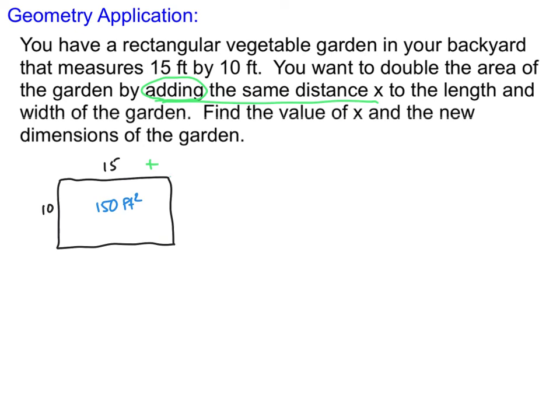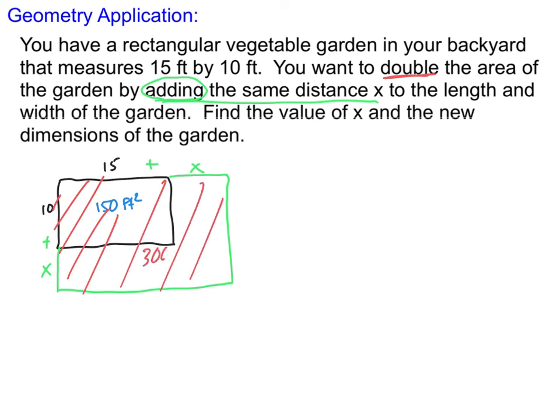All right, so I want to add some distance, I don't know, x, to the length and to the width, x. So plus, and now look, that will be my new area. And think about it, what I want to have happen is I want to double the area, which means this now entire area here is going to be 300 square feet, right?